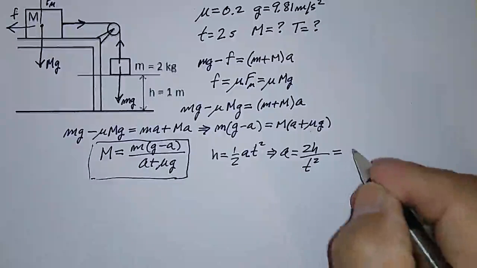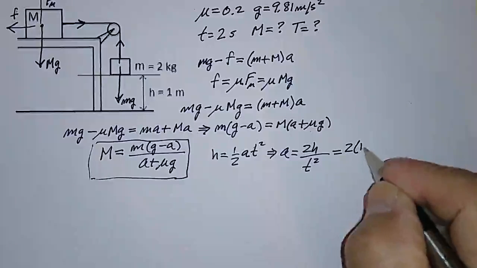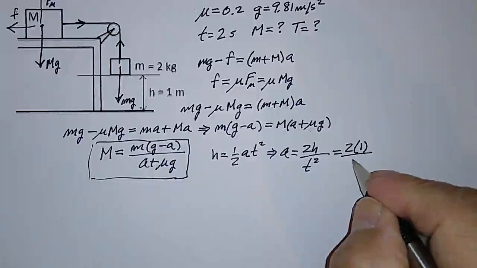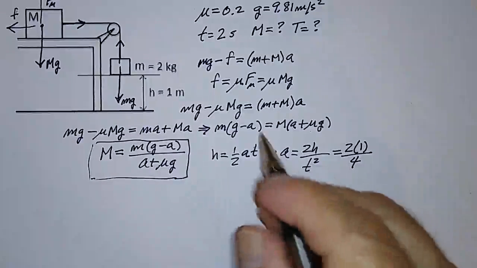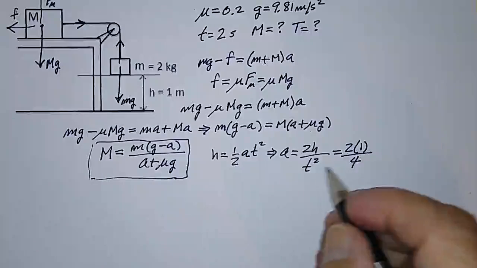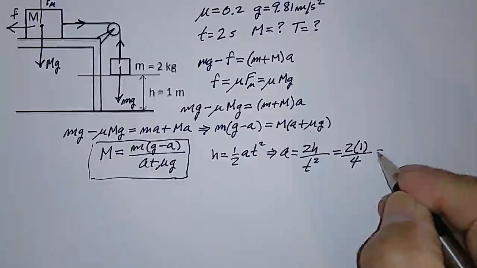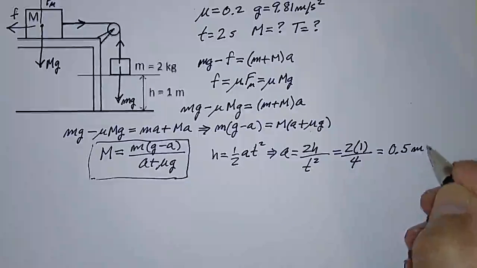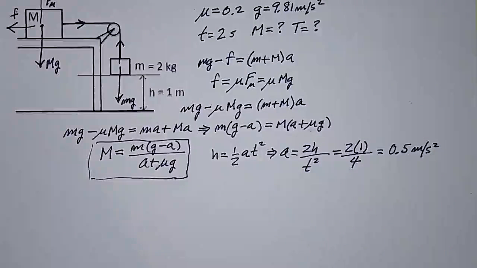And that is equal to 2 times 1 meter divided by 4, which is t equal to 2, so that's 2 squared, and that's equal to 0.5 meters per second squared.